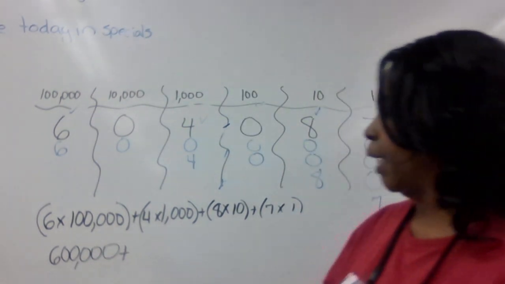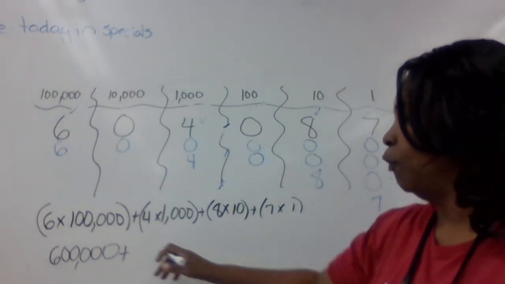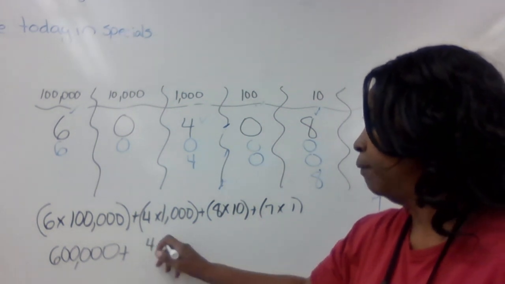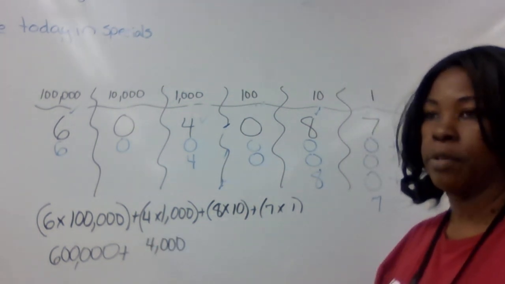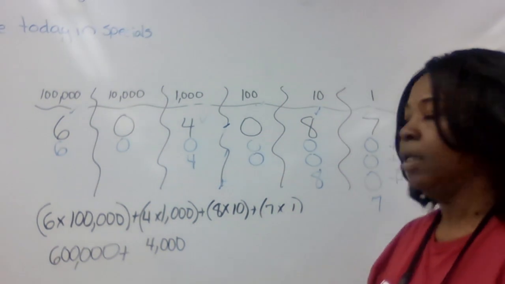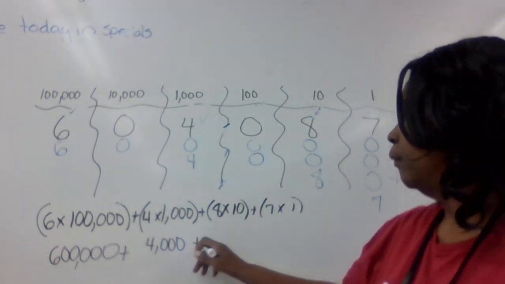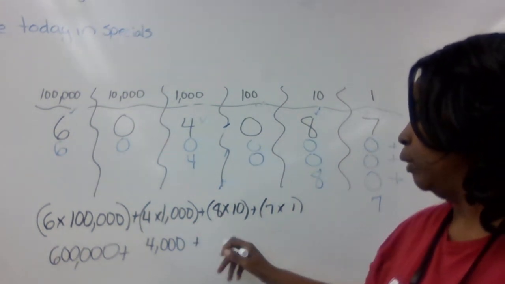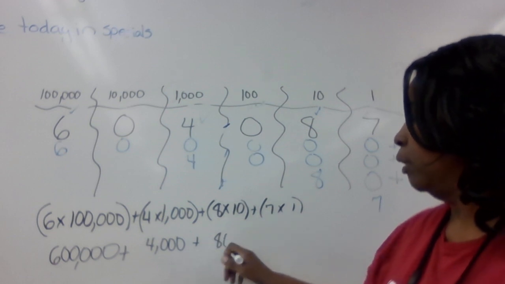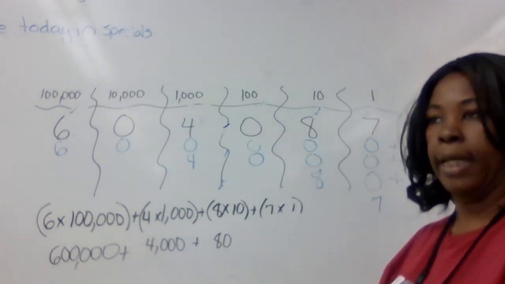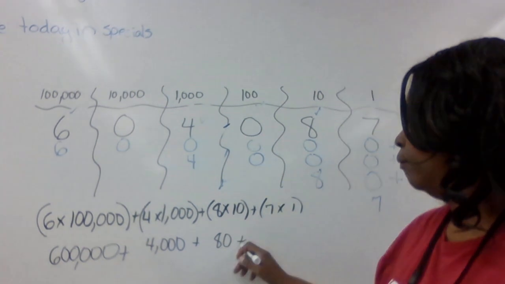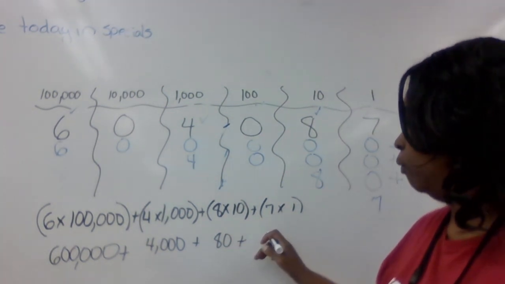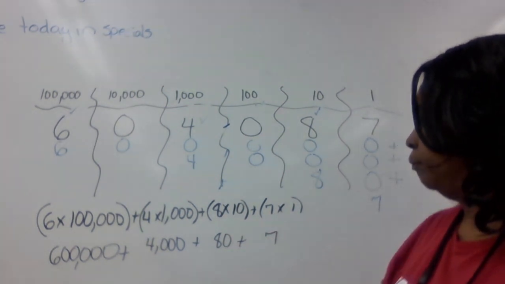Plus, okay, what's 4 times 1? 4. How many zeros are left? 3. That's 4,000. Or you can say 4 times 1,000 is 4,000. Now you have 8 times 1 is 8. How many zeros there? 1. Or you can do 8 times 10 is 80.